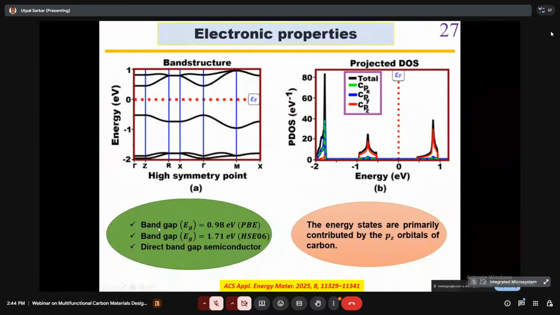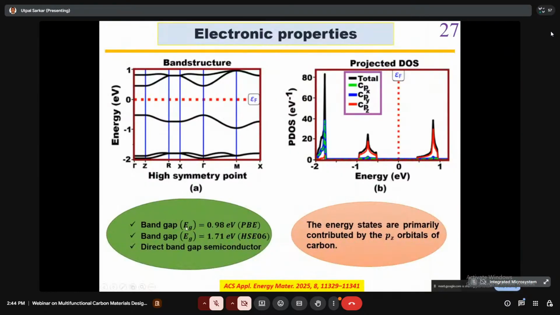We need the electronic part and the phononic part, both, for the thermoelectric calculations. So we first try to understand the band structure of the system. This is the band structure of the pristine system.